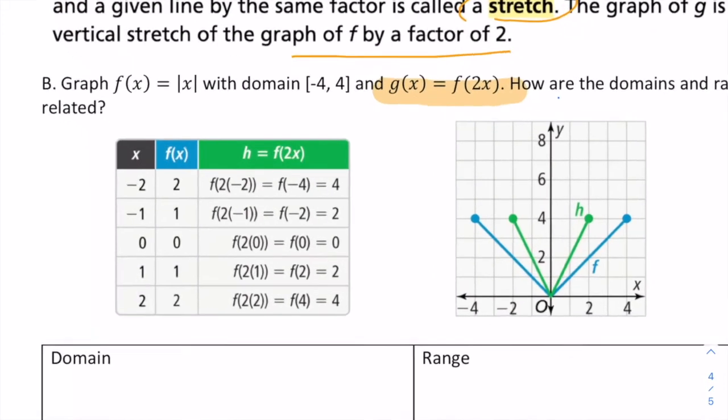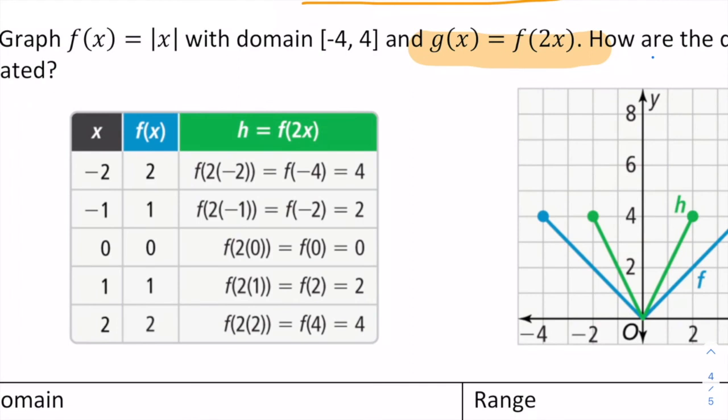So for our new function, if I have negative 2 for our x, and I multiply that by 2, we'll have f of negative 4. And f at negative 4 is the absolute value of negative 4, or 4.